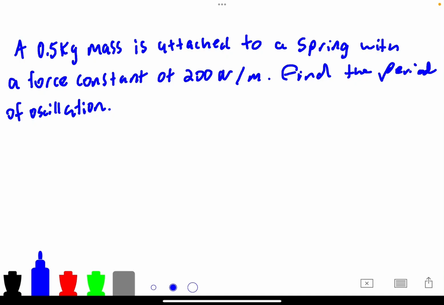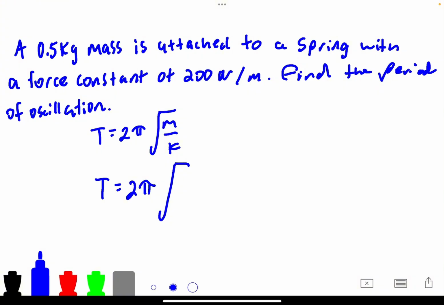A 0.5 kilogram mass is attached to a spring with a force constant of 200 newtons per meter. Find the period of oscillation. So the period for a spring is 2 pi square root of m over k. We know everything that we need. We have the mass in kilograms and we have the spring constant. So it's 2 pi, plug it in, 0.5 over 200.